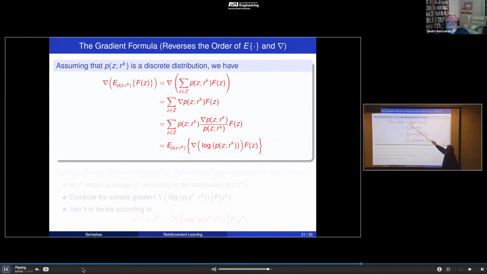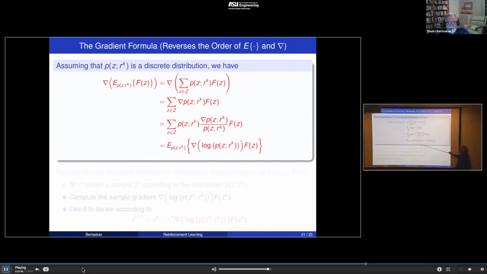Now, the gradient of a sum is equal to the sum of the gradients. And now I multiply and divide by the probability values. This expression can be recognized as the gradient of the logarithm of p. So now what I have is this thing weighted by these probabilities over z, so this is an expected value with respect to this probability distribution. The gradient of an expectation has become the expectation of a gradient.